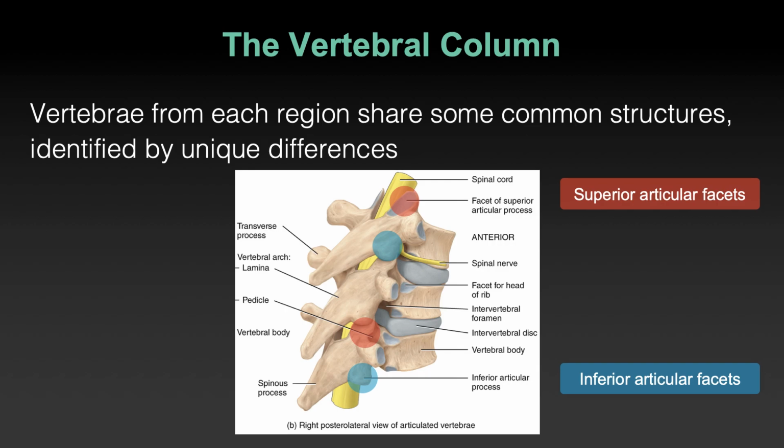So every vertebra has a set of superior and inferior articular facets. The inferior articular facets interface with the superior articular facets of the vertebral bone that's next down the line.